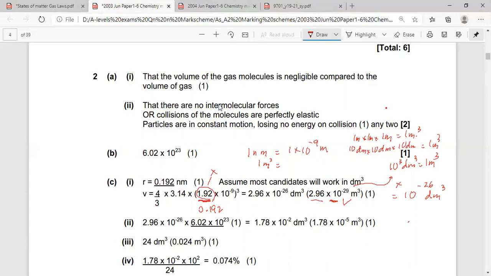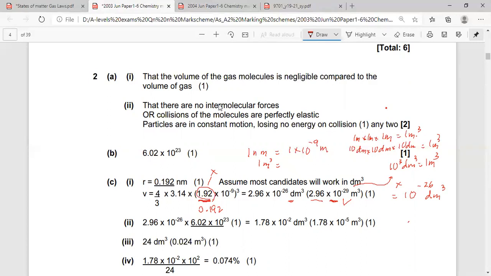Now you want to do it in dm cubed, very simple. I have the value here in meters cubed, times 10 to the power of minus 9 meters cubed. Now 1 meter times 1 meter times 1 meter equals 1 meter cubed.